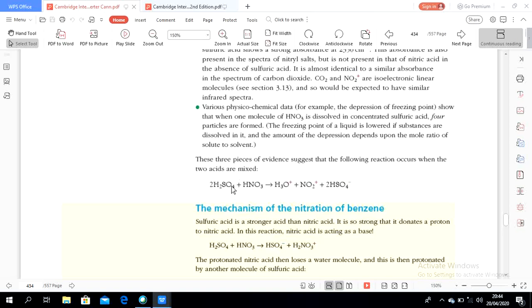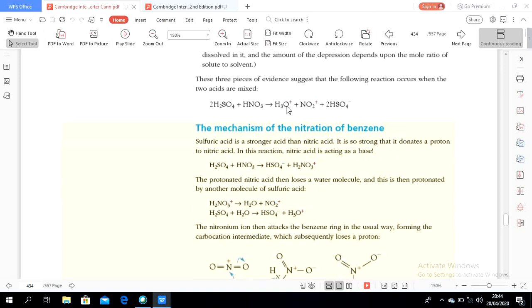When sulfuric acid reacts with nitric acid, the nitric acid will become nitrate, and then H2SO4 will lose its hydrogen atom, and so this one is the strong electrophile.